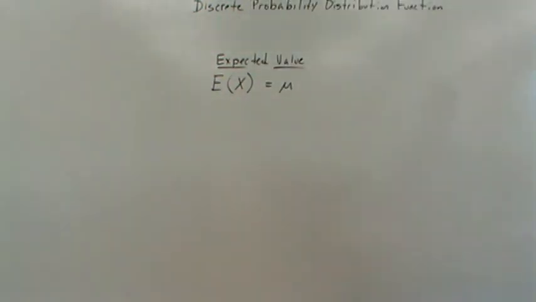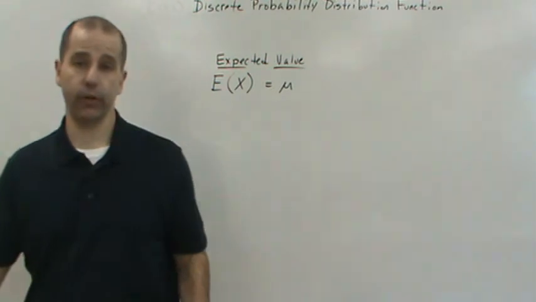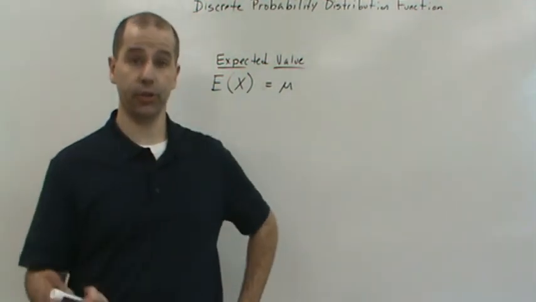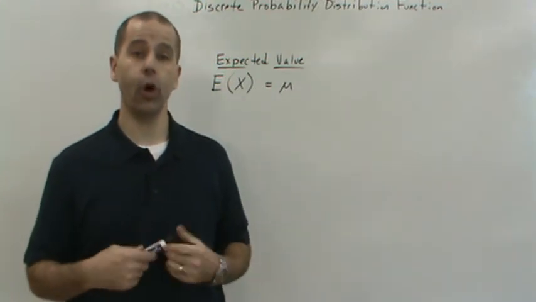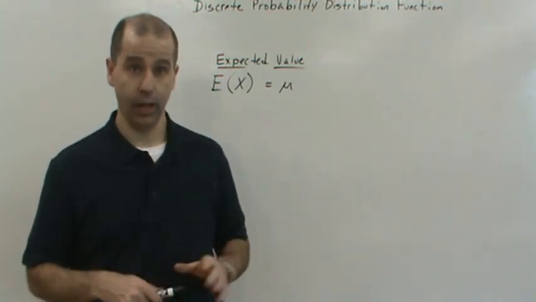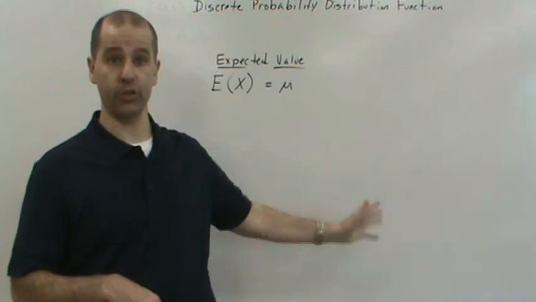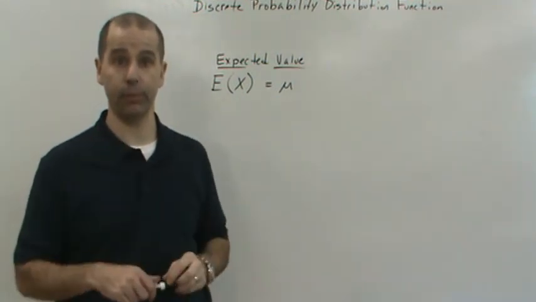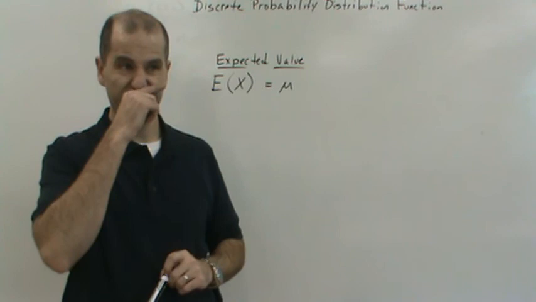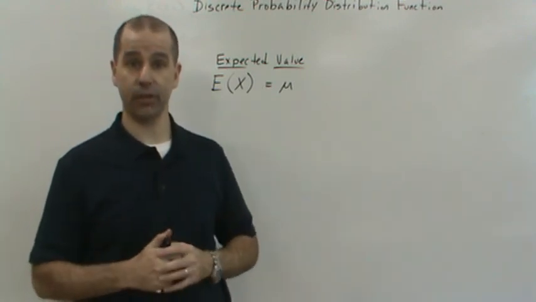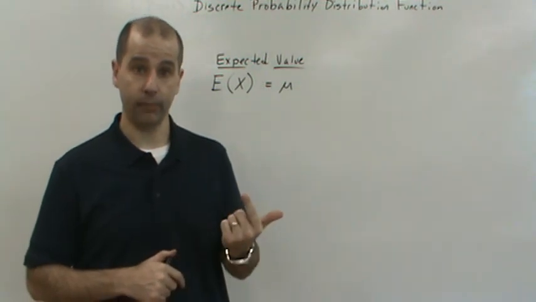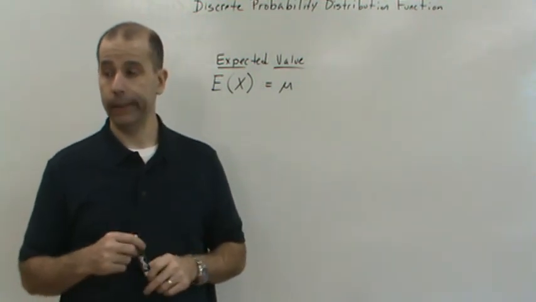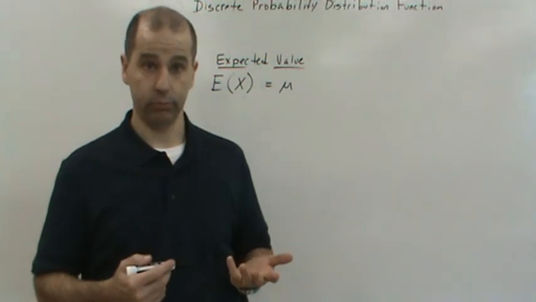So next time, here's what we're going to do. The next video that I'm going to do is going to start getting into other discrete probability distributions. But now what we're going to say is, hey, what if we know that it has a particular distribution? This has been just general distributions, right? Just giving you a probability distribution. But what if we know that it has a particular distribution like binomial or Poisson or geometric, right?